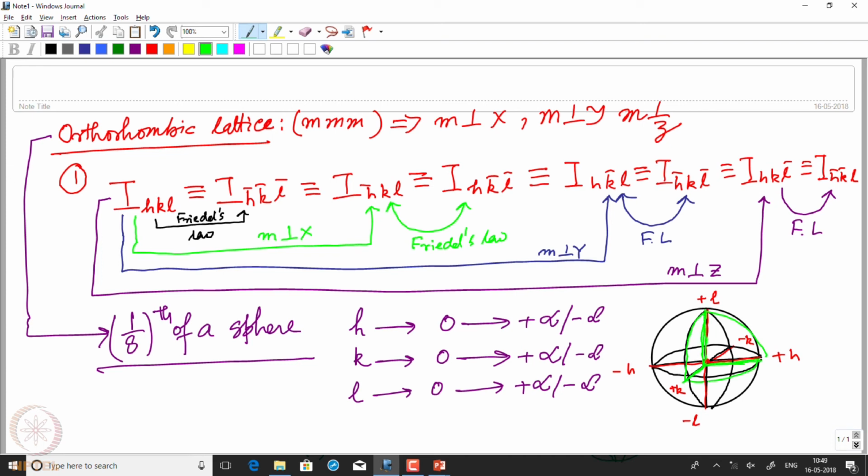See here, in all the cases, it is running from 0 to plus h, 0 to plus k and 0 to plus l. So only 1/8 of the data is recorded for orthorhombic system.